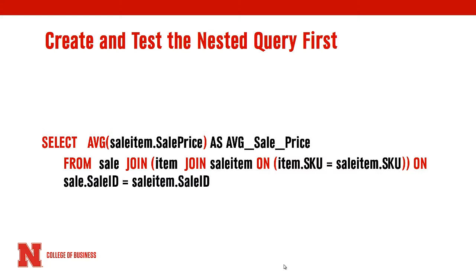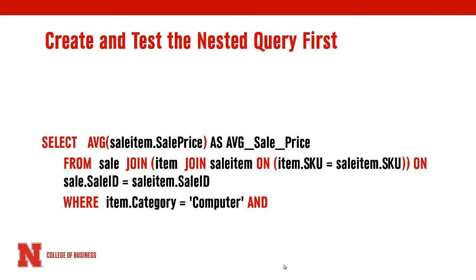We need the sale table for the date, item for specs of the computer, and sale item determining that the item was actually sold. So we need to join all of these three tables.